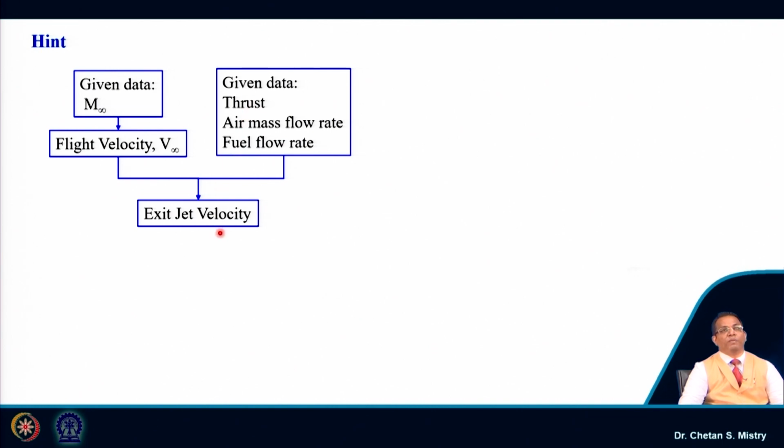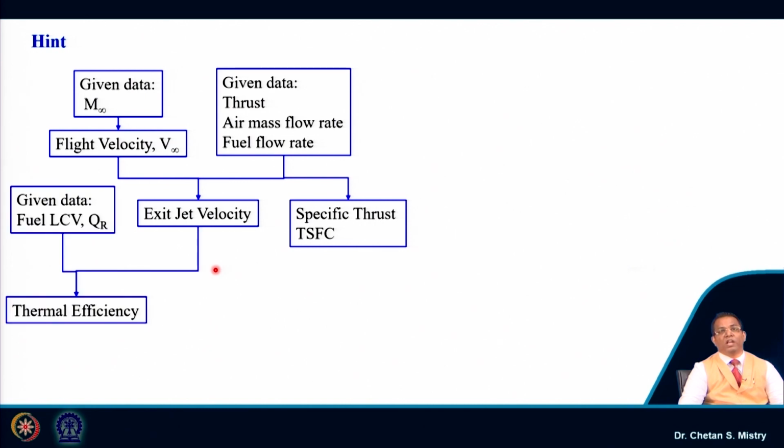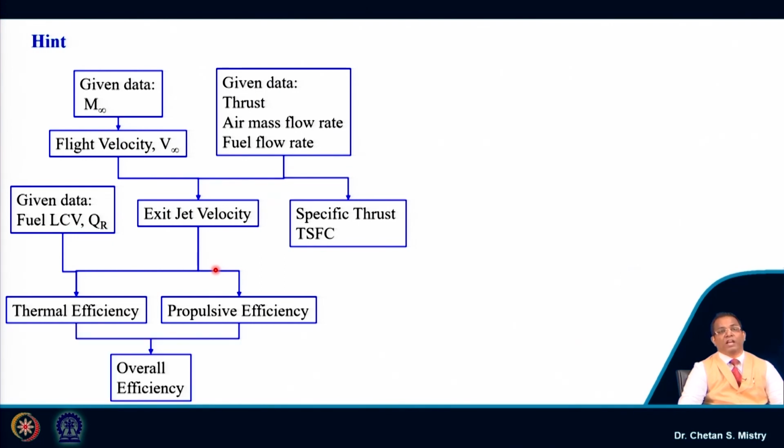That is what we will use for calculating my exit velocity. Based on that we can calculate my specific thrust and thrust specific fuel consumption. We also have information about the lower calorific value, so we can calculate the thermal efficiency, the propulsive efficiency, and the overall efficiency.